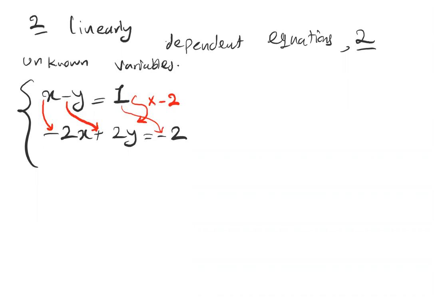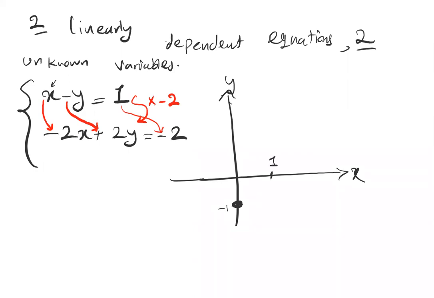Let's try to graphically show these two equations. The first one, if x is 0, y is going to be -1. If y is 0, x is going to be 1. So this is our first equation.